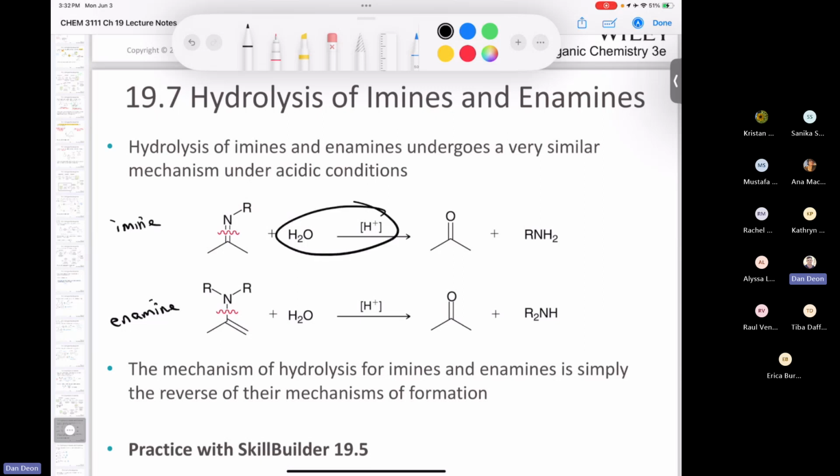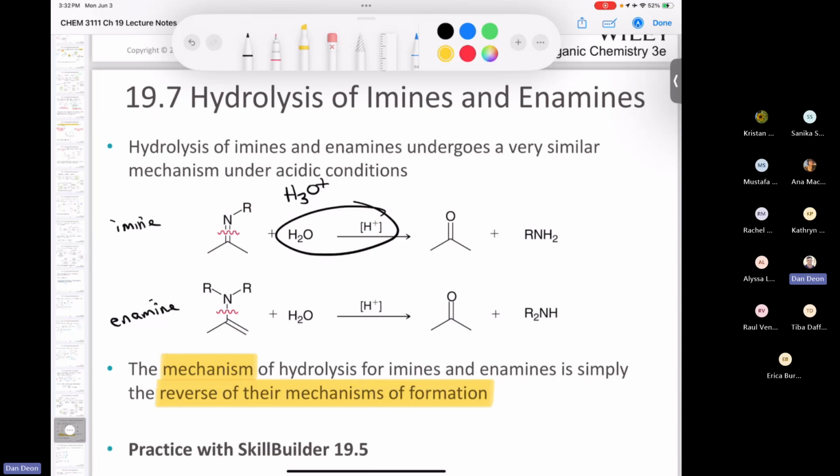You just combine them with aqueous acid. So remember, you put these together, you get aqueous acid, and it just goes all the way back to your ketone. Again, the mechanisms of both of these reactions are not shown directly in the textbook, but remember, they're just the reverse of the mechanisms of their formation, which are already covered in the textbook in gross and gory detail.